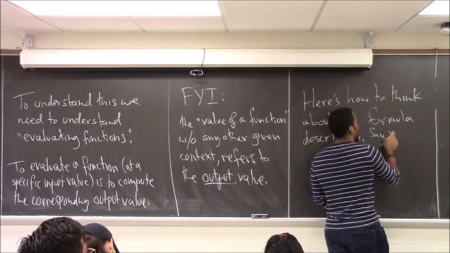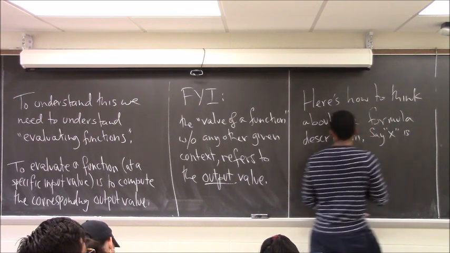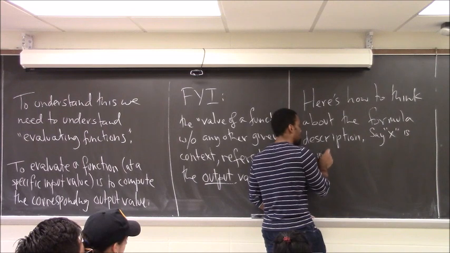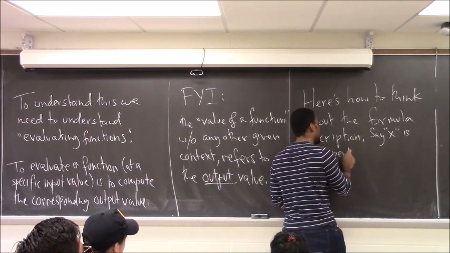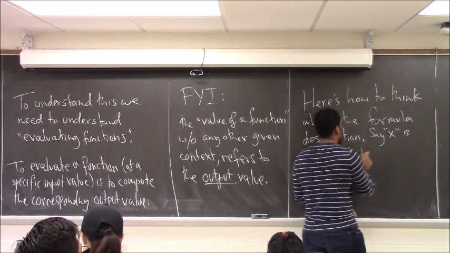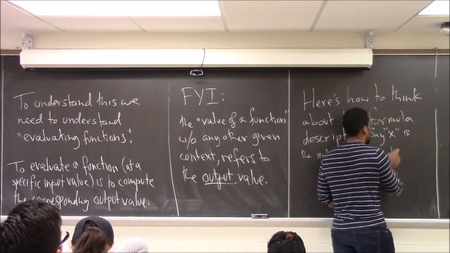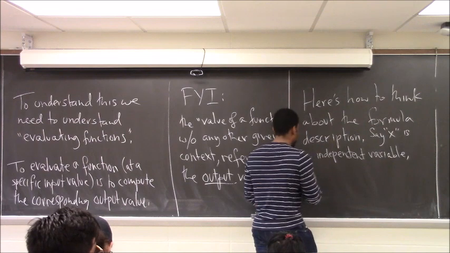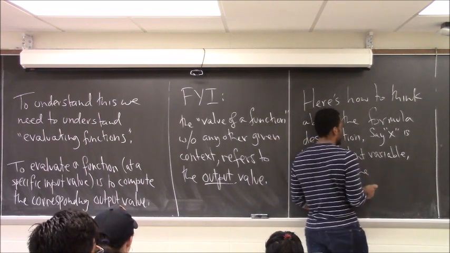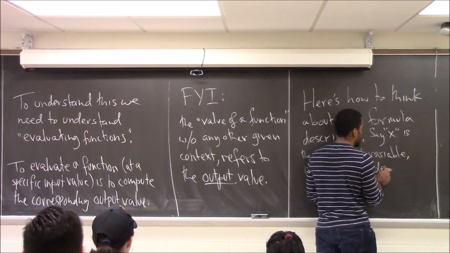Say x is the independent variable. I believe I also described that last time. So the input variable is also called the independent variable. And y, which we might call f of x, is the output or dependent variable.